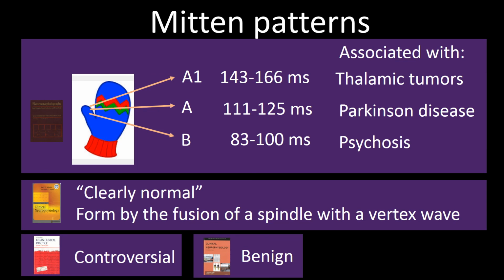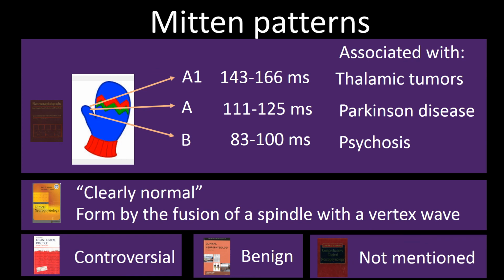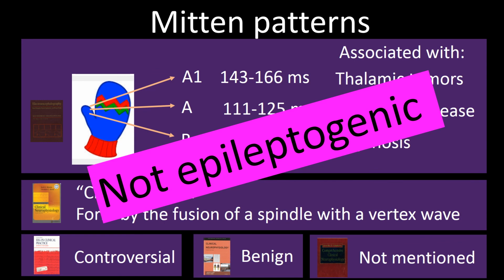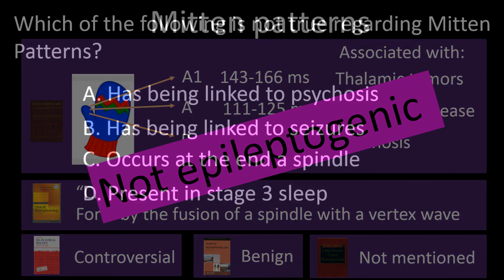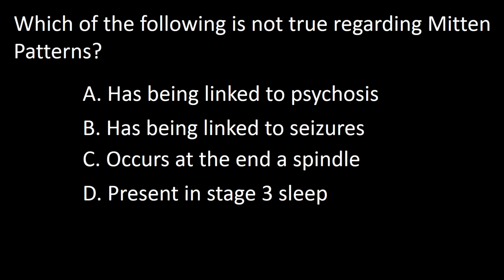In Jasper's book, they say they are benign, and they are not mentioned in Luders' book. One thing is certain, that all agree that it is not an epileptic pattern. So the answer to this question is B.